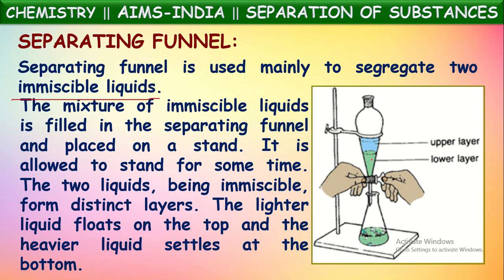Then slowly the lower layer of the mixture comes into the conical flask, and when the layer reaches the neck, we immediately close the tap. One layer will be collected in the conical flask, and the upper layer liquid will remain in the separating funnel. In this way, we can separate two immiscible liquids by using a separating funnel.